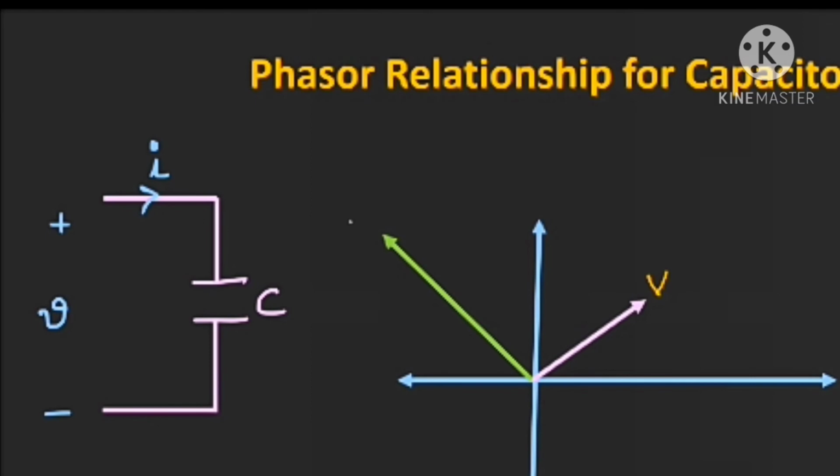In a capacitor, current leads the voltage by pi by 2.